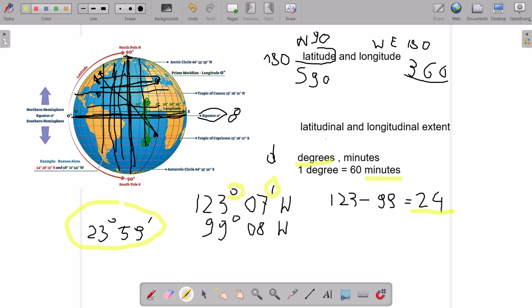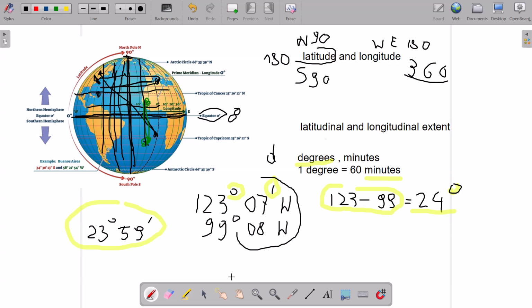But as you can see, we just subtracted degrees and we got 24 degrees, which is wrong, right? It should be 23 degrees 59 minutes. But if we subtract 123 minus 99, we get 24. So what should we do with this problem? You need to handle minutes now.